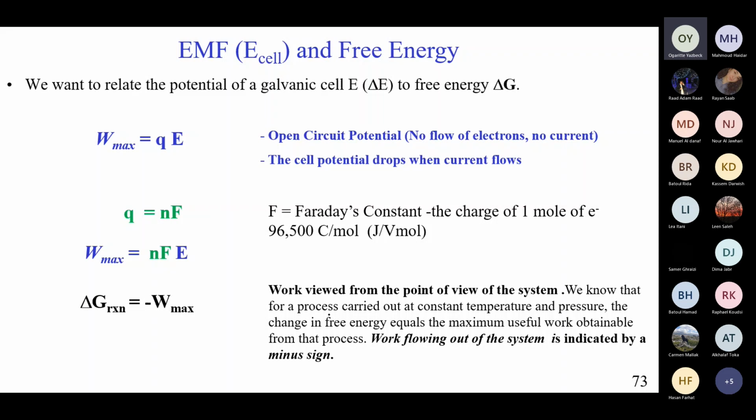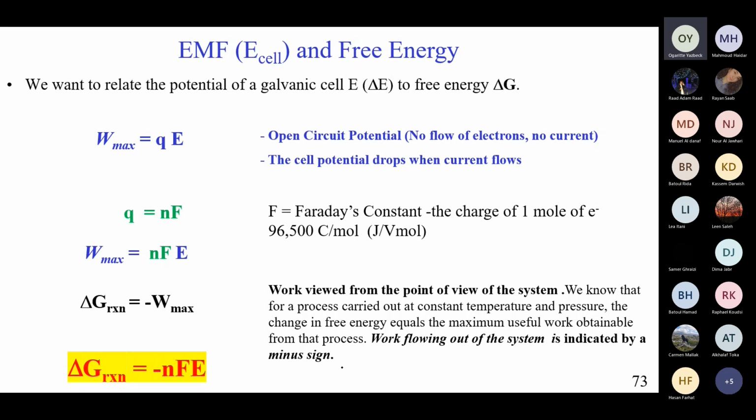We know that for a process carried out at constant temperature and pressure, the change in free energy equals the maximum useful work obtainable from that process. Work flowing out of the system is indicated by the negative sign.